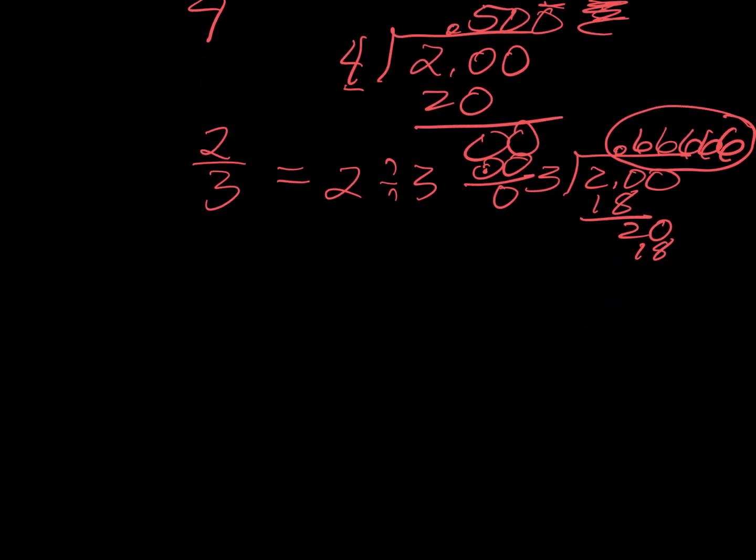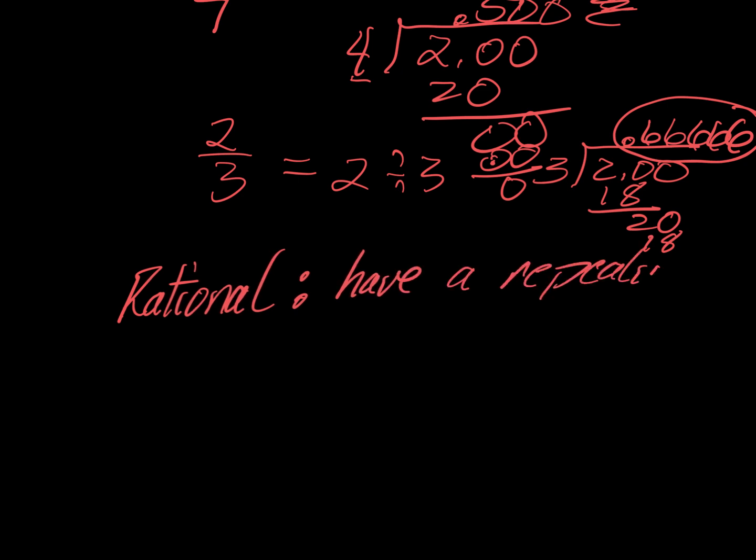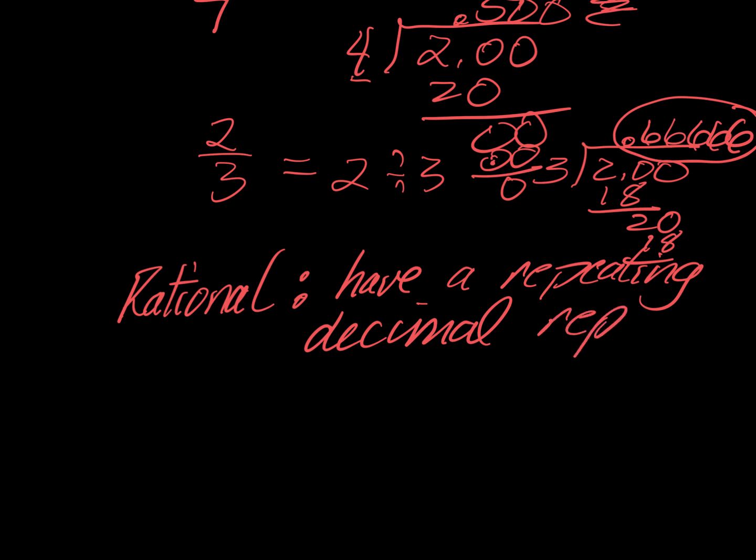It turns out you can say that all the fractions we're used to, rational numbers, have a repeating decimal representation. That's pretty cool. All rational numbers can do that, and they'll all repeat.